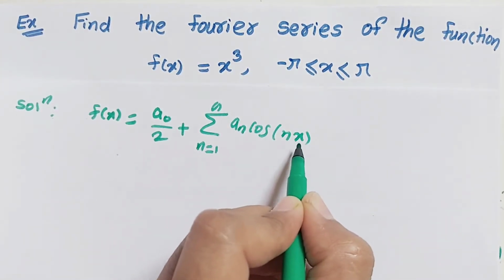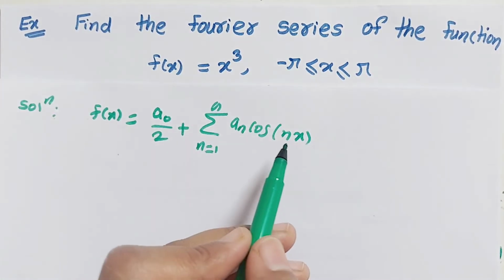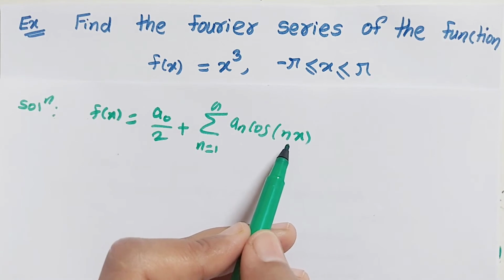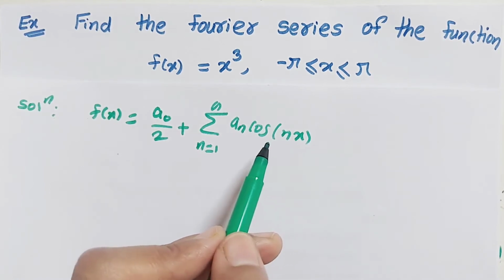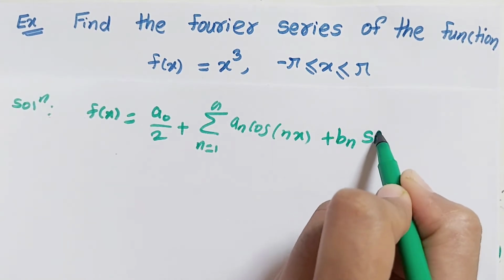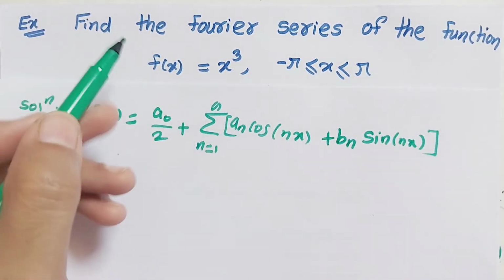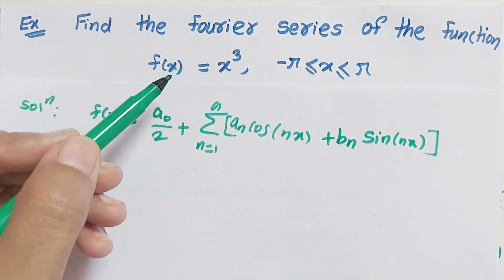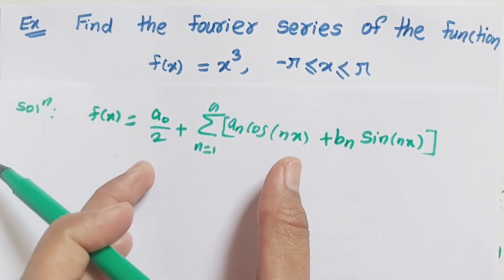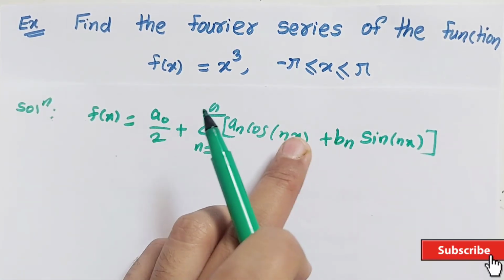Here it is n pi x divided by l, but when the interval is minus pi to pi, then it is simply nx. How do we get this formula? We have already discussed it in the first lecture. Plus bn sin nx. Now this is the Fourier series. The question is to find the Fourier series for the given function, and it is a Fourier series. But the question is what is the value of this a0, an, bn.